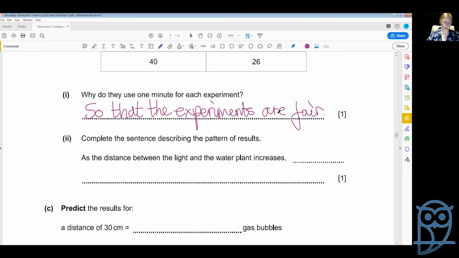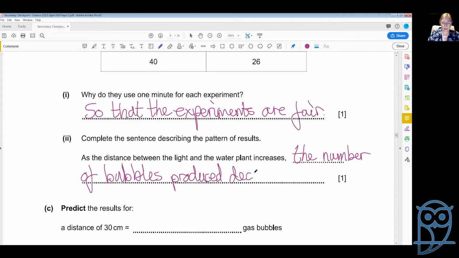Here we can see it decreases. So the number of bubbles decreases. Okay.